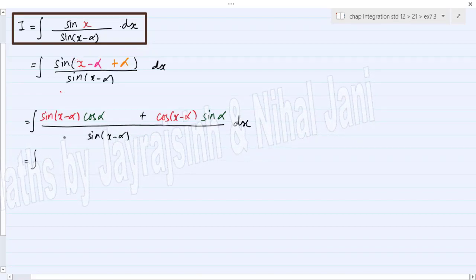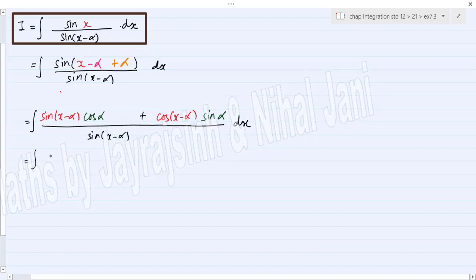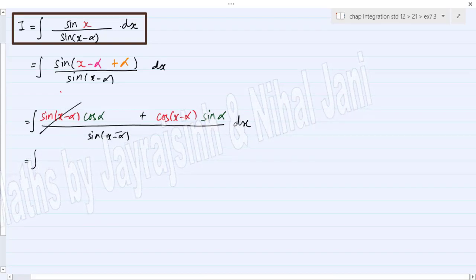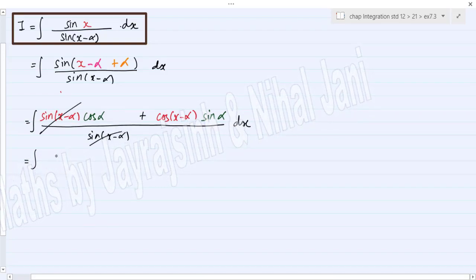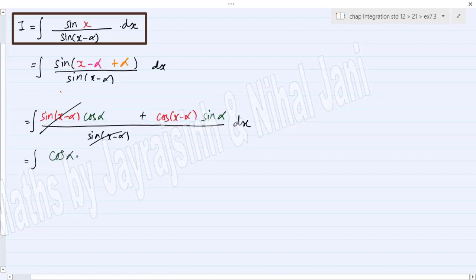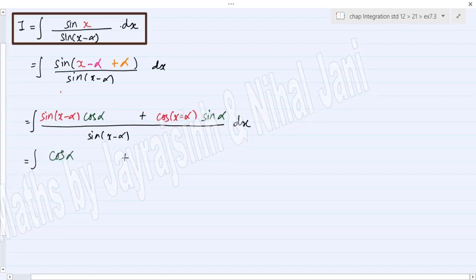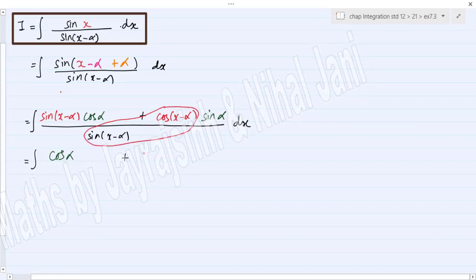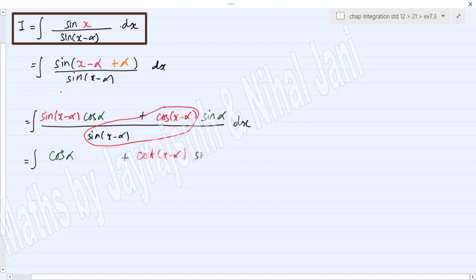Now, for further simplification, let's give individual denominators. In the first term, sin x minus alpha will cancel out. We will get cos alpha, plus in the second term, this cos x minus alpha upon sin x minus alpha will become cot x minus alpha, and sin alpha will remain as it is.